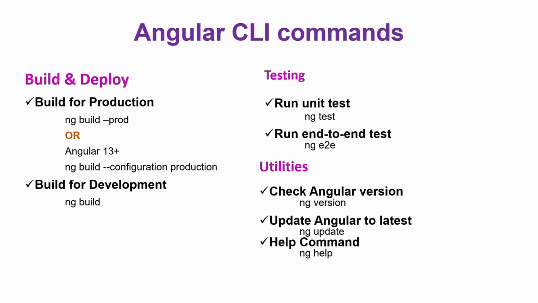Now you want to update your Angular, so you can write ng update. And if you want to update Angular to a particular version, at that time you can write another command. And if you want any kind of help, then you can execute ng help.